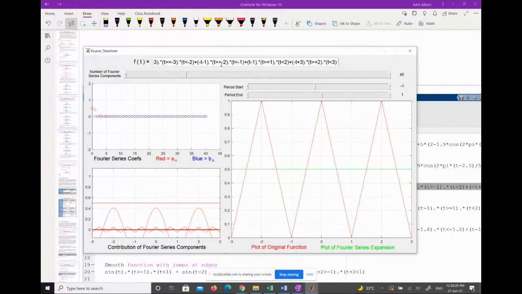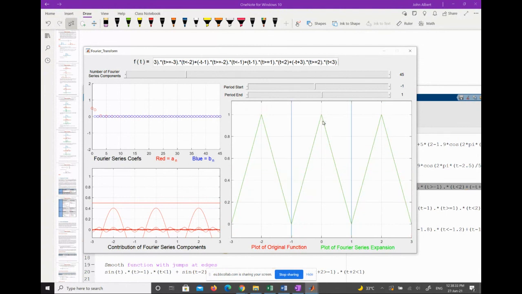In fact, I'm using too many sines and cosines here. You'll get almost a perfect approximation. Do you see any deviation between the two? Unfortunately, I cannot zoom in here. Otherwise, I would have zoomed in to the peak or the bottom, those corners on top or on bottom. You see that there's a very small deviation between the two.